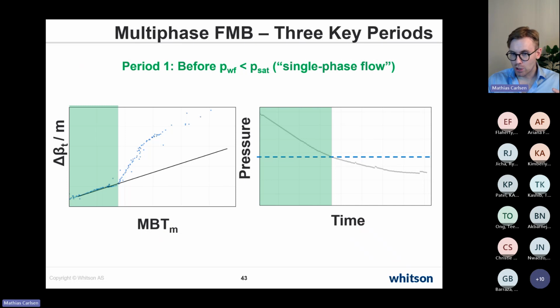So I plotted the bottomhole pressure versus time and the saturation pressure on the plot here. As long as the pressure is above that, it will be single phase oil and water in the reservoir. When it's only single phase oil and water, the compressibility of those 2 fluids are small.